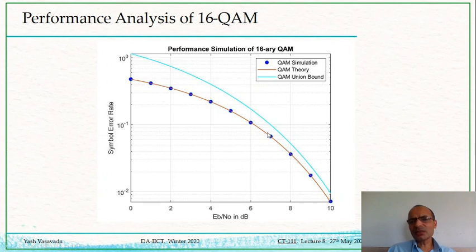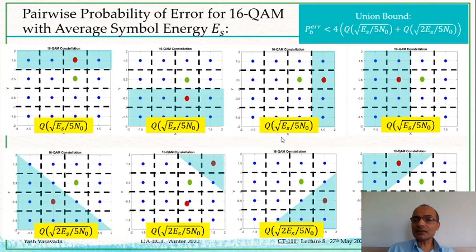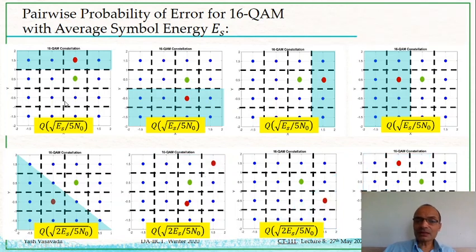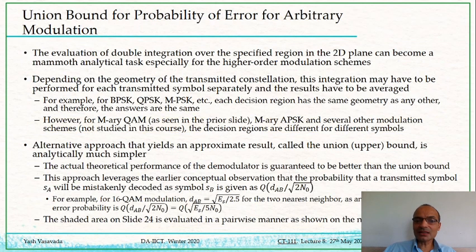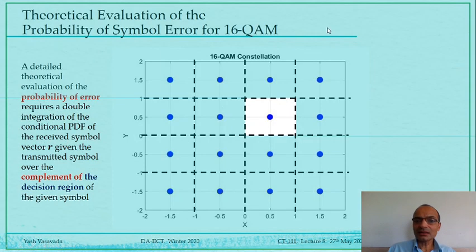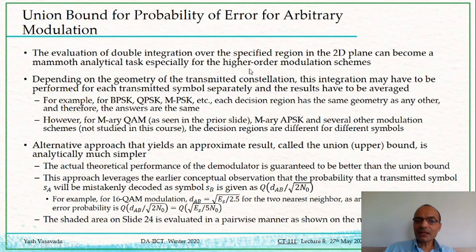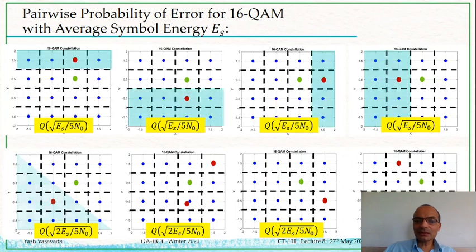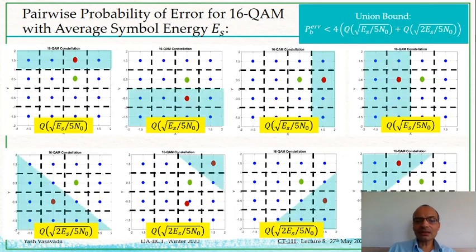This bound is actually loose because you can see that there is a distance between the actual performance and the union bound. You can actually make it tighter by noticing that to get that earlier blue shaded region, we actually don't need this bottom row at all.